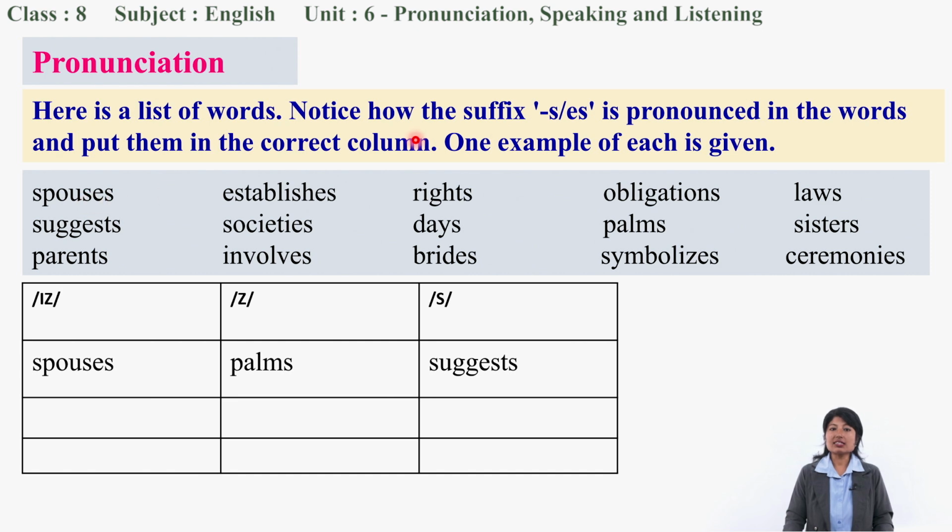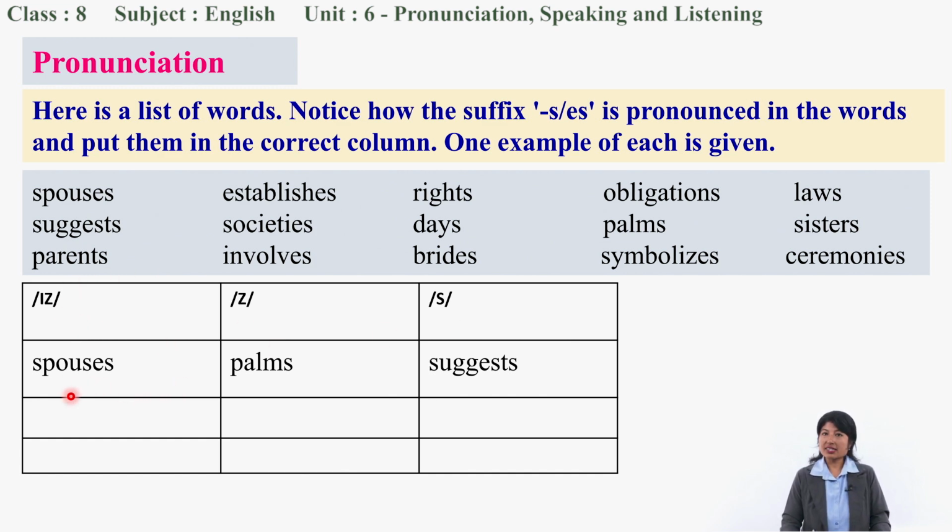So this s or es is pronounced differently in different words. Somewhere it is pronounced as iz, okay. Somewhere it is pronounced as z sound, and somewhere it is pronounced as s. Iz, z or s.